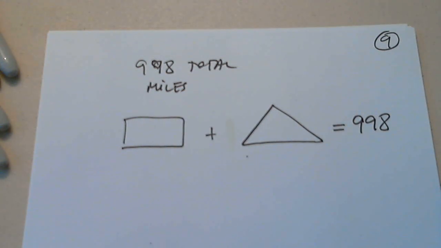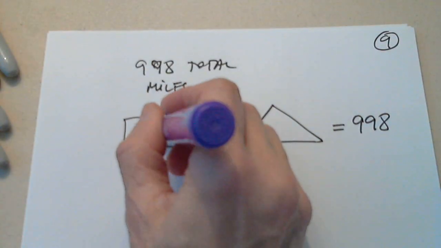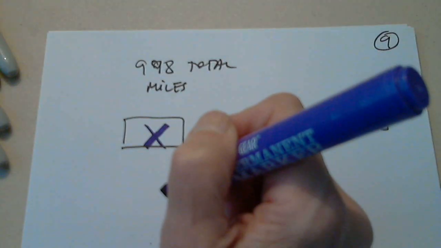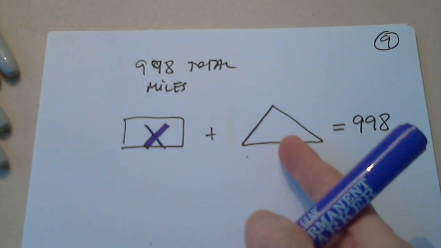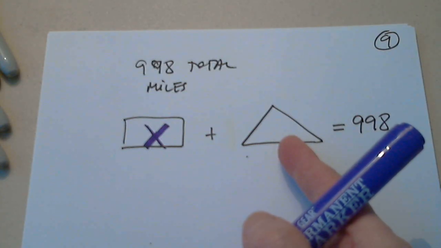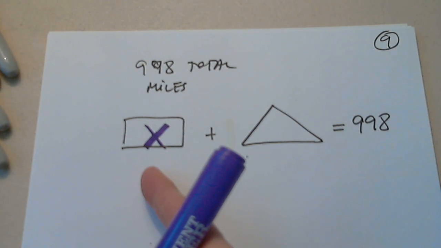Moving on to the second part. He drove 154 more miles the second day than the first. So I'm going to say he drove X the first day. But I know that on the second day, he drove 154 miles more than what he drove on the first day.